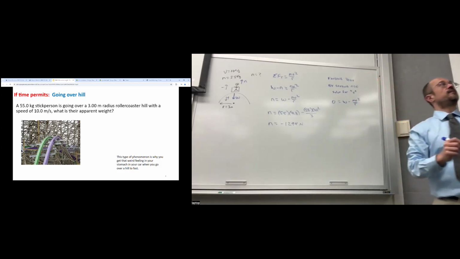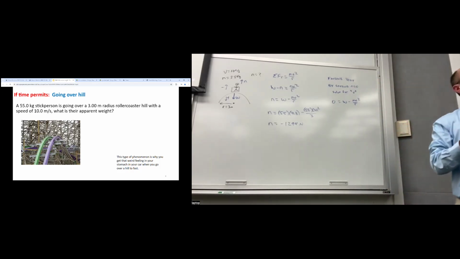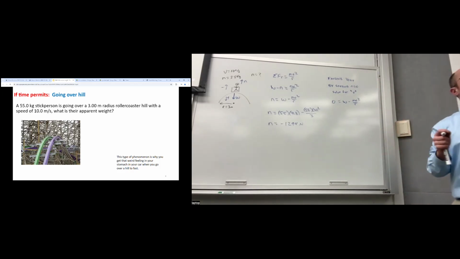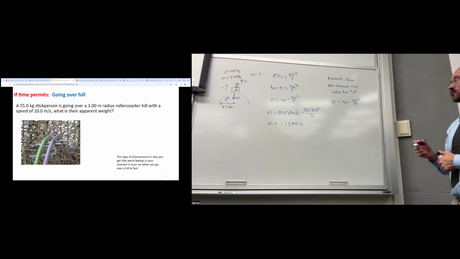And we can now solve for the V that we can safely go over the hill, right? Because if we go too fast, we lose contact with the road, and then you can bottom out your car and crack the frame of your car or something.